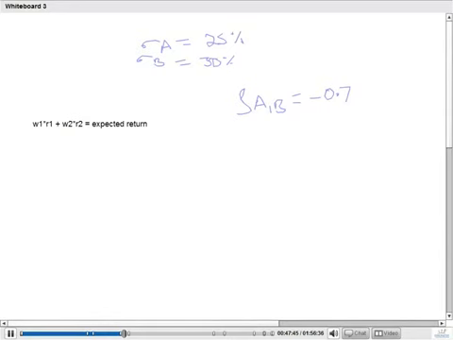Tell me, if I hold both A and B in a portfolio, however, will my portfolio also be very risky, or will my portfolio be less risky? Will my portfolio simply be WA into sigma A plus WB into sigma B? Or will the portfolio be less risky than this?